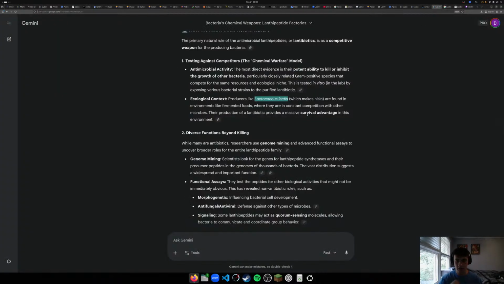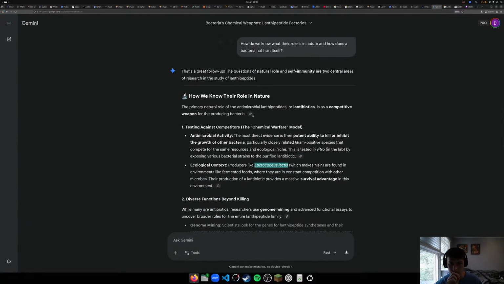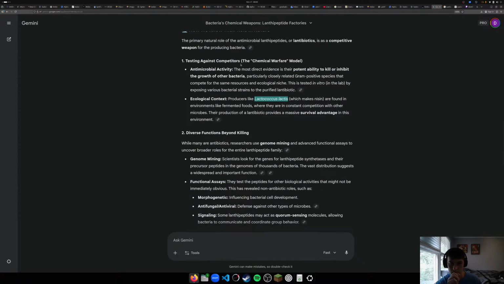Alright, I was looking up stuff. Okay. Which makes nisin are found in environments like fermented food. The production of lantibiotic provides a massive survival advantage in this environment.